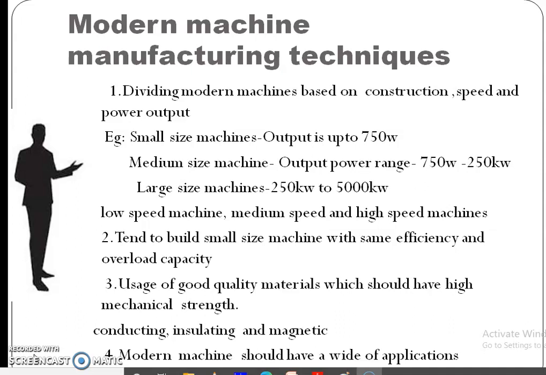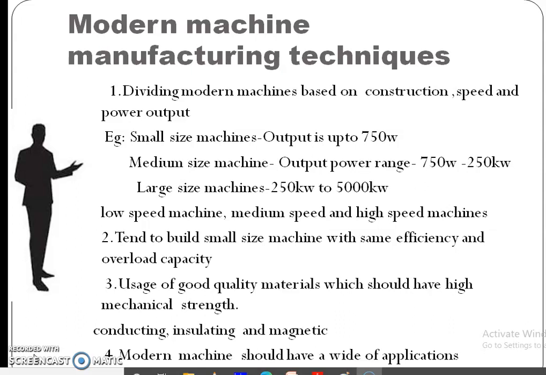So we have to manufacture different sets of machines with different ratings, different speeds and different applications. When a wide variety of machines are required, we have to adopt modern manufacturing techniques to achieve the goals and make progress in the machine designing field.